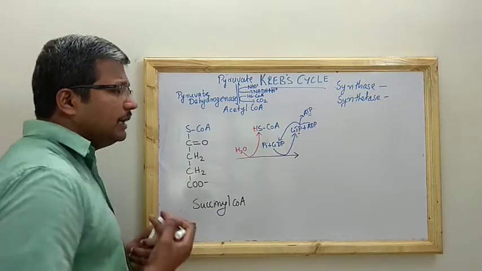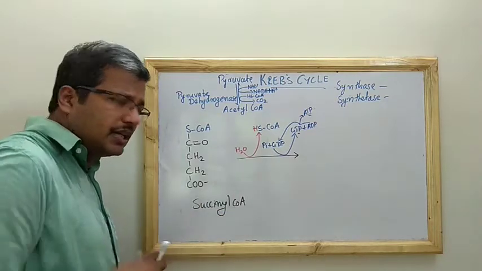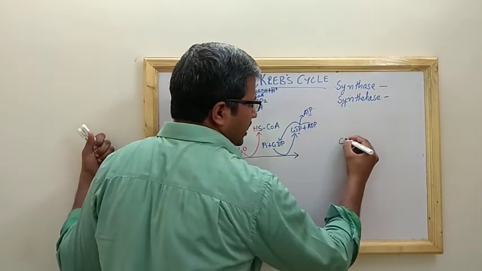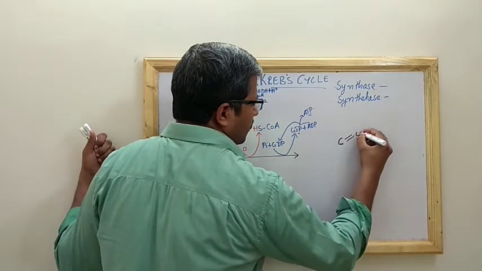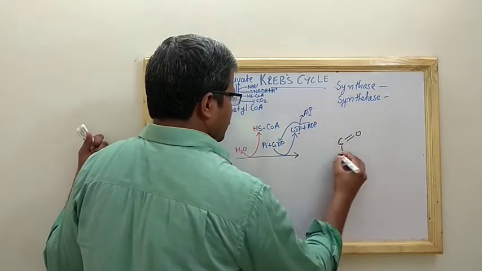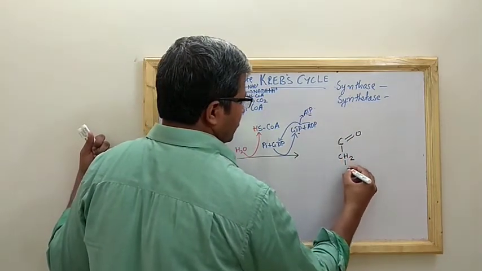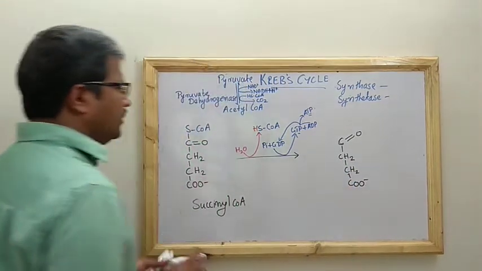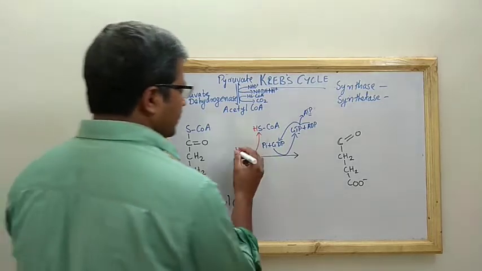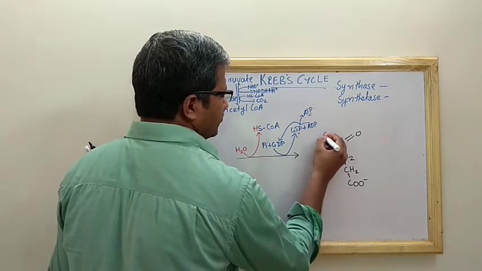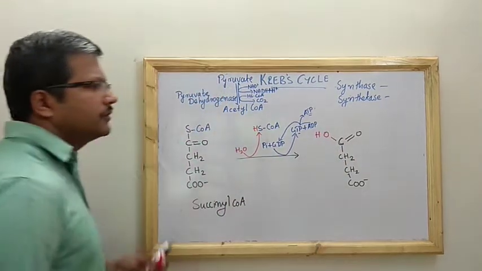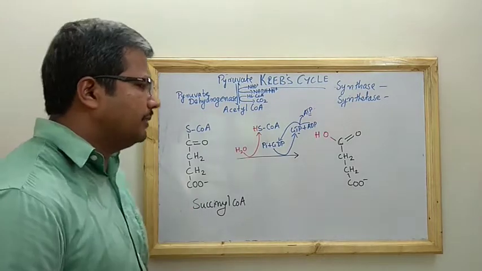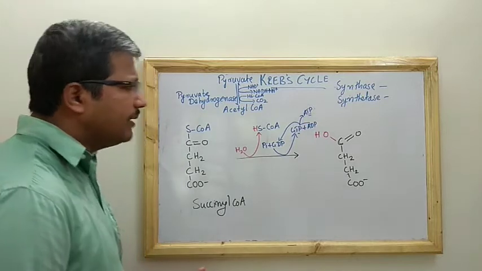Succinyl coenzyme A lost the coenzyme A part, and as a result succinate is formed: COO minus, CH2, CH2, COO minus. So we can see that this OH is coming here. As a result, this happened. Now, what exactly happened here?